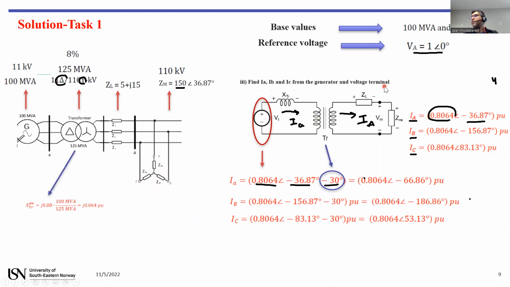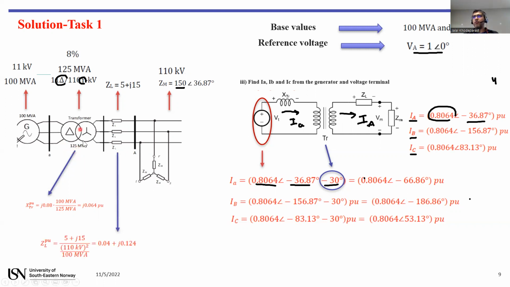The second part of the task asks us for the voltage at the terminal. What's the voltage here? In order to calculate the voltage, you have the current and you need the whole impedance that this current goes through.